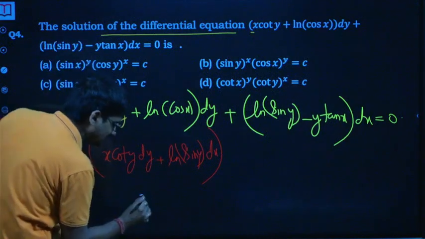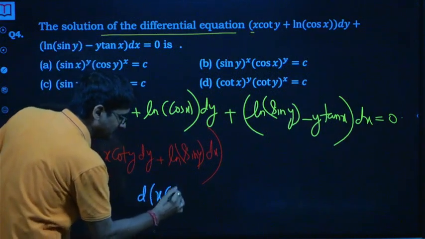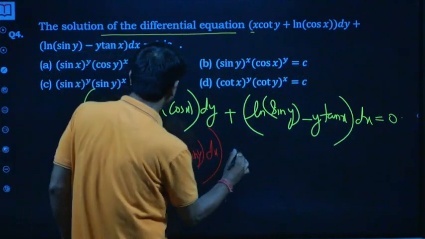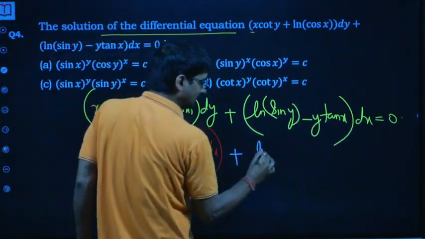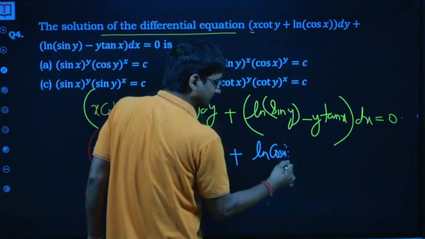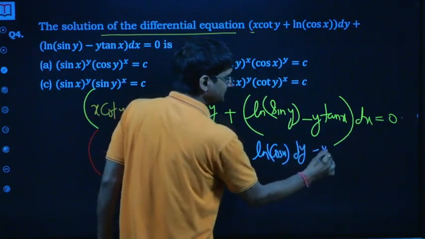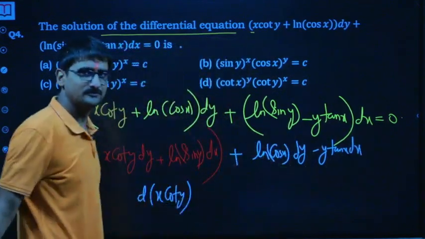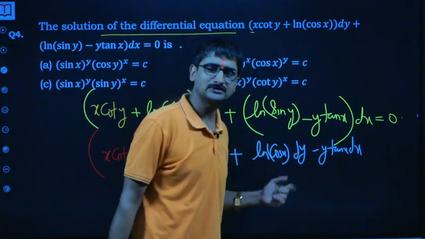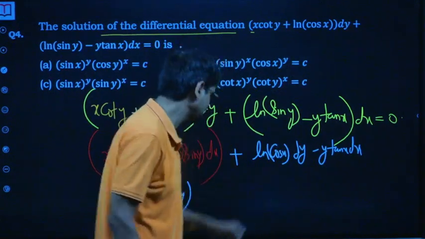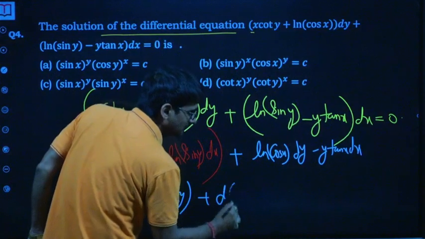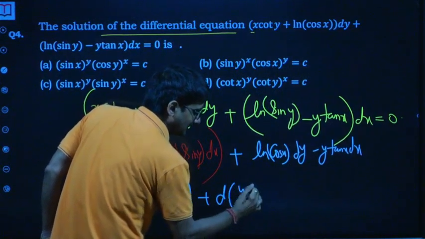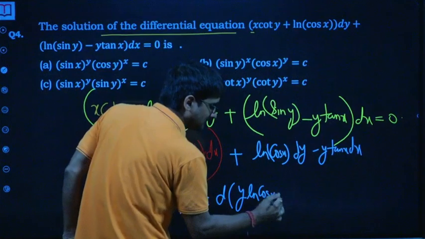So I can write it as d of x times ln sin y. Similarly, for the next one, it is ln cos x dy minus y tan x dx. The derivative of ln cos x is minus tan x. So this is nothing but d of y ln cos x, and it is equal to 0.